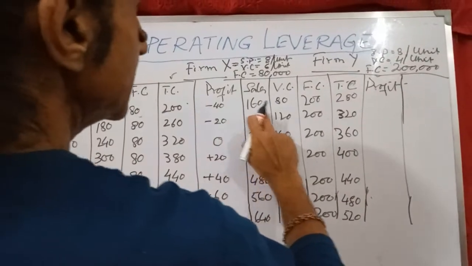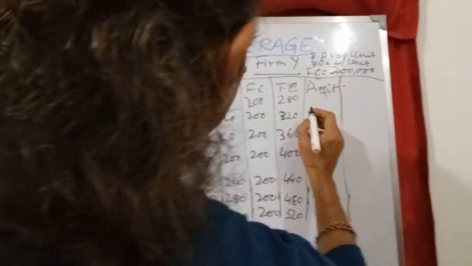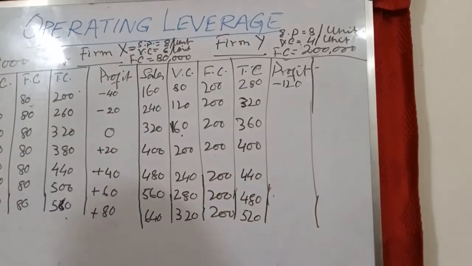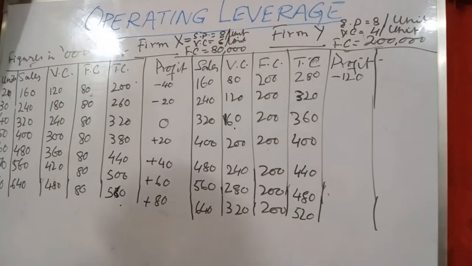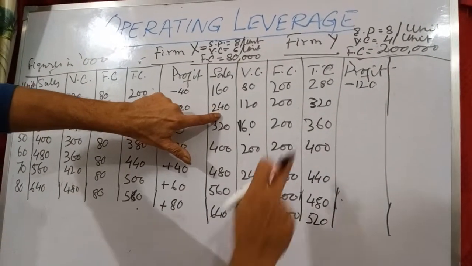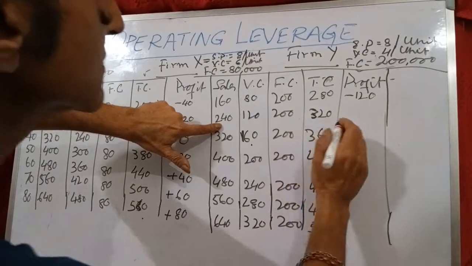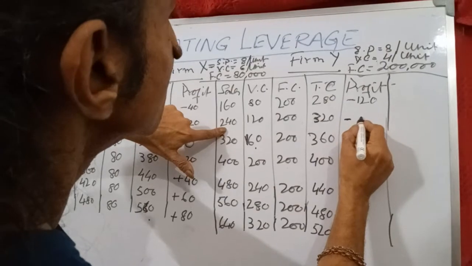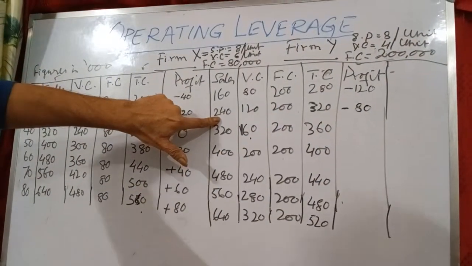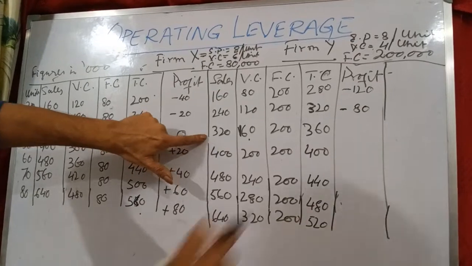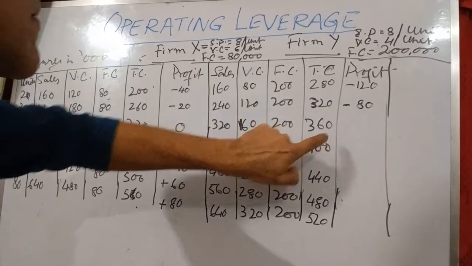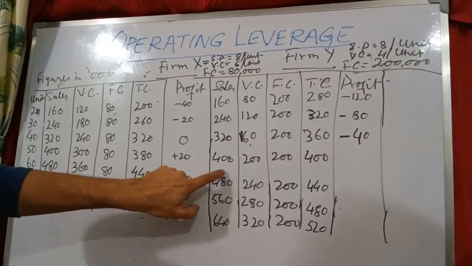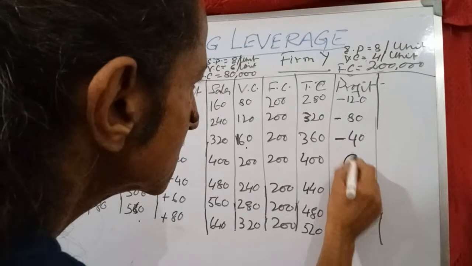So 160 minus 280, that means minus 120. 240 minus 320, that is minus 80. 320 minus 360, that means minus 40. 400 minus 400, it is 0.